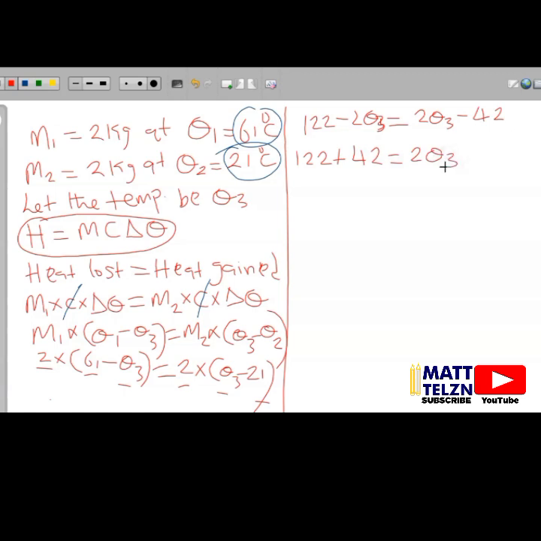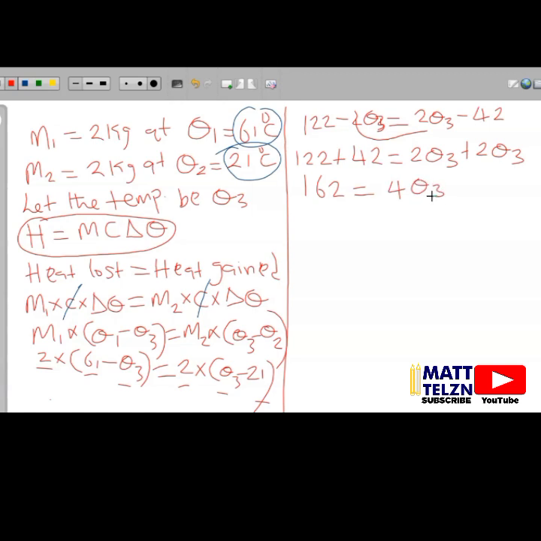I'll carry minus 2 theta 3 to this side. I'm going to have plus 2 theta 3, okay? So if I add 122 plus 42, I'm going to have 162 equal to 4 theta 3.